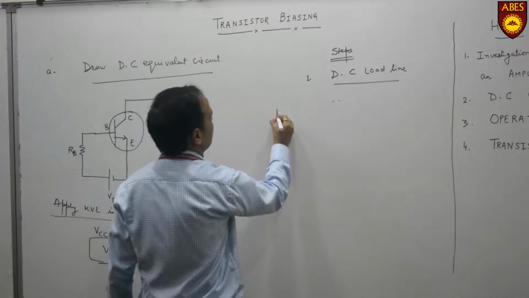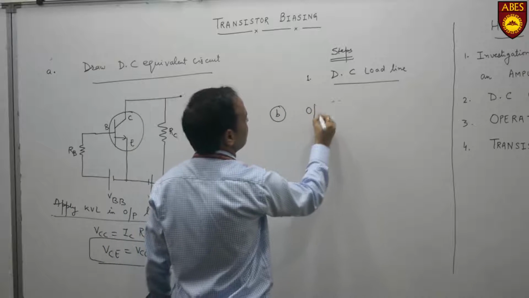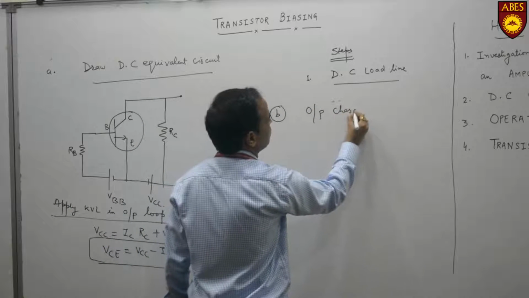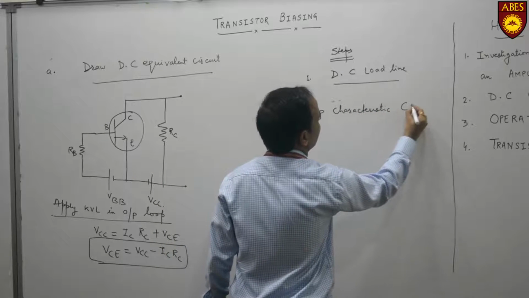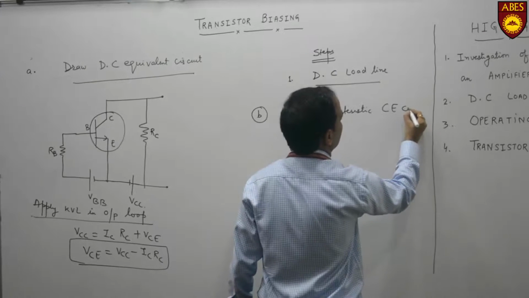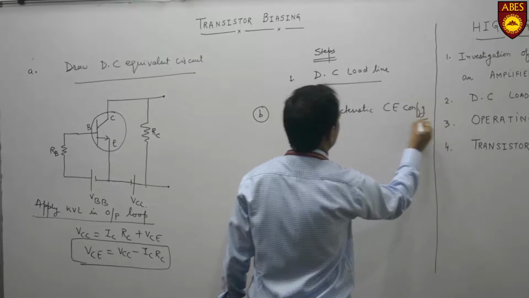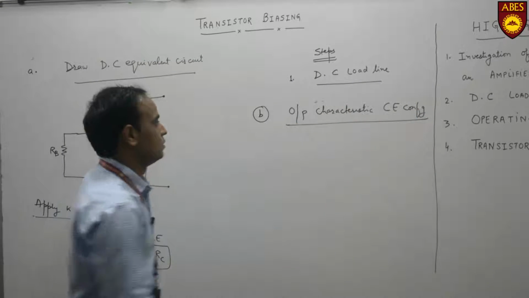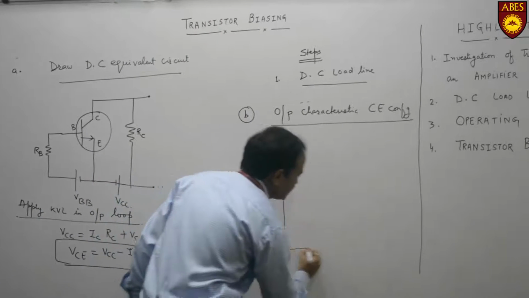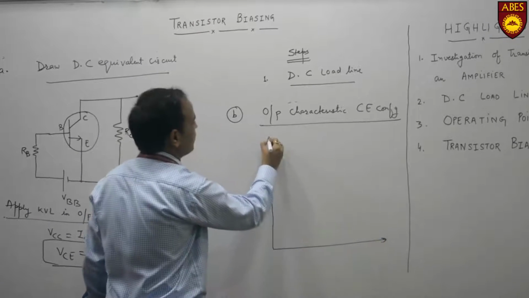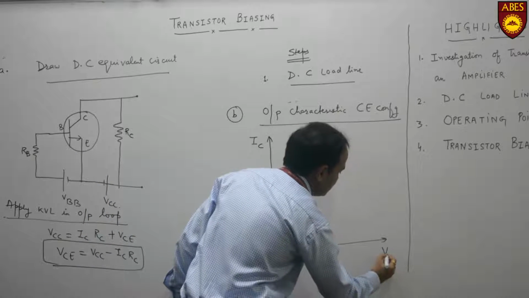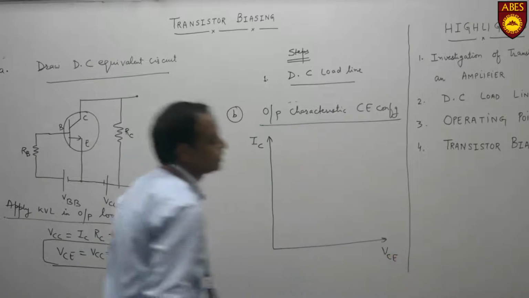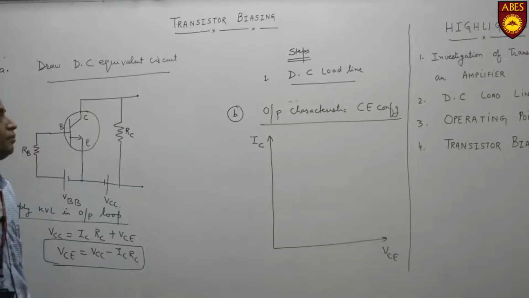The second step that we have to undergo is to draw the output characteristic of the common emitter configuration. The output characteristic of a common emitter configuration is a plot between collector current and collector emitter voltage.